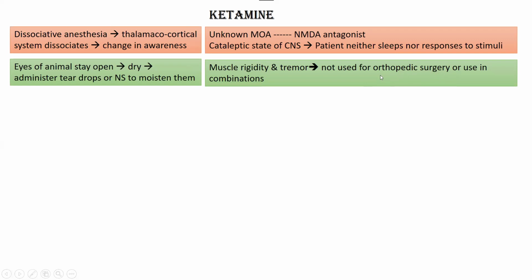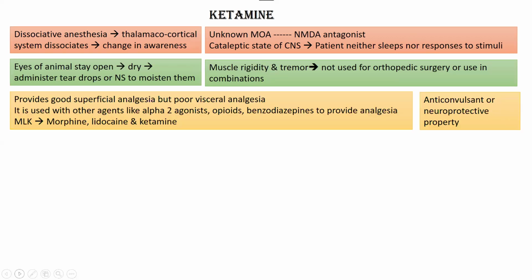Or if you are using ketamine in orthopedic surgery, then use it in combination with any other anesthetic drug that will give good muscle relaxation to the animal. It is also not used for taking X-ray radiographs, because even in radiography we need animal muscles to be relaxed. So these are its contraindications regarding its property of muscle rigidity.